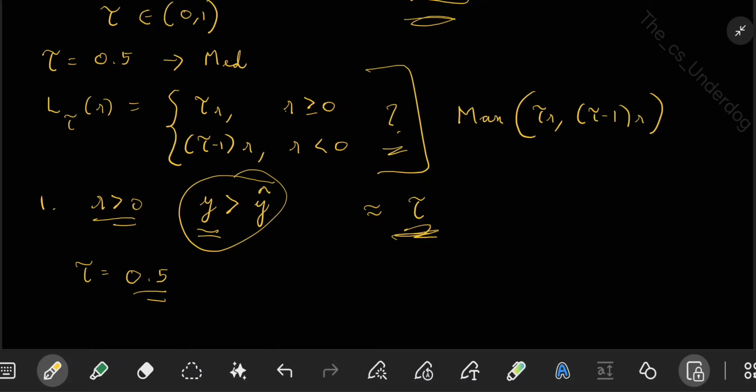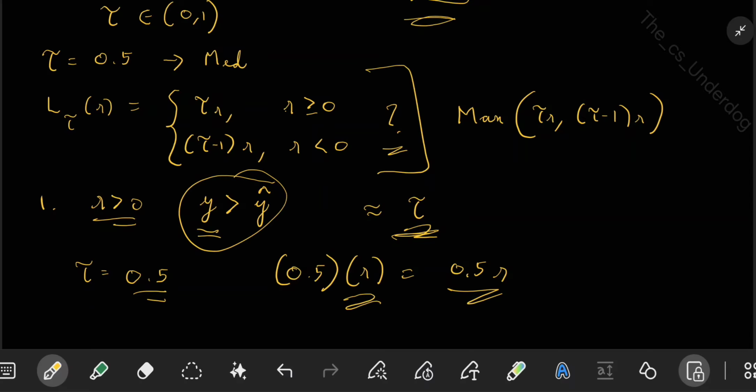That is, if r is greater than 0, your loss function will be tau into r, 0.5 into r, which will be 0.5 r. This will be the actual loss function's value. What if your tau is, let us say, something like 0.9? First I'll show you the difference. This is when r is positive.